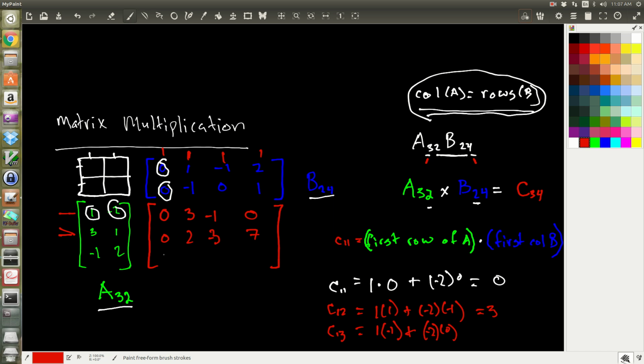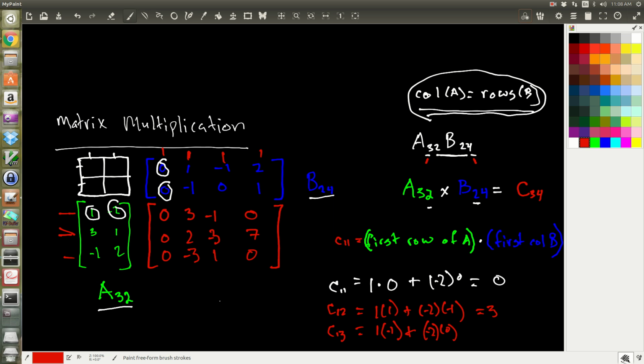And now this one's going to be 0 again because both of these are 0. And then minus 1 times 1 plus 2 times minus 1 is minus 3. Then 1, and then the very last one is minus 2, 0. Anyways, there's our C matrix.